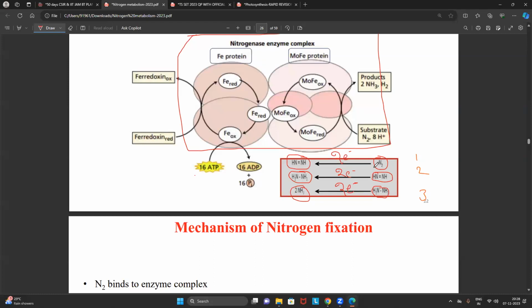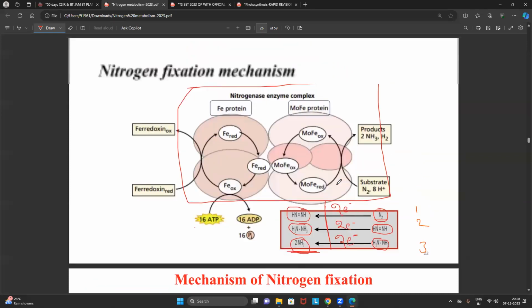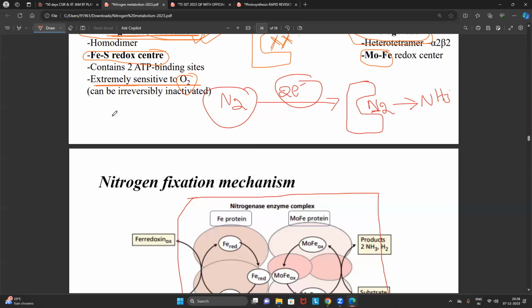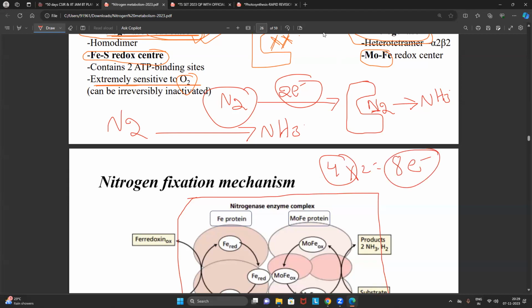And once the nitrogen attaches, if it is to be converted into NH3, there 3 pairs of electrons are required. So in total, how many pairs of electrons are required to convert N2 to NH3? Total 4 pairs, which means 4 into 2, 8 electrons are required.